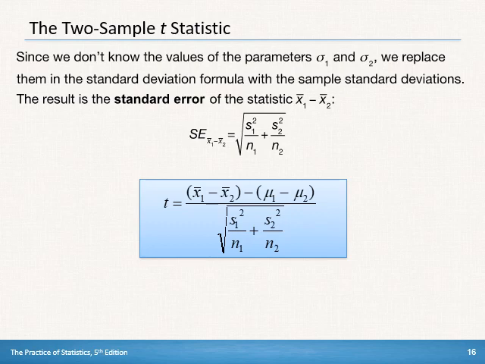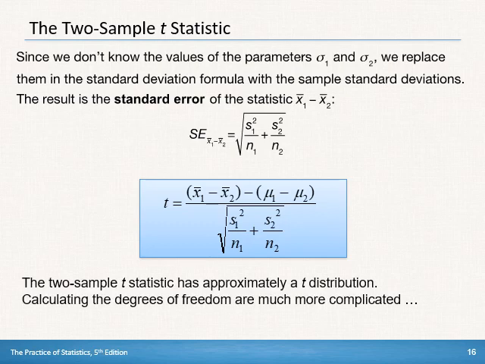So those two S's are what now takes our sampling distribution of the difference in X bars and slightly changes it from normality to a T distribution. All right, so the two sample T statistic has approximately a T distribution, again, assuming normality is true for the two independent populations, or that the central limit theorem holds.